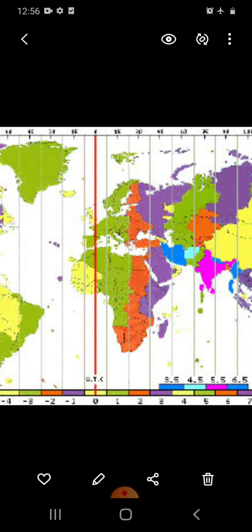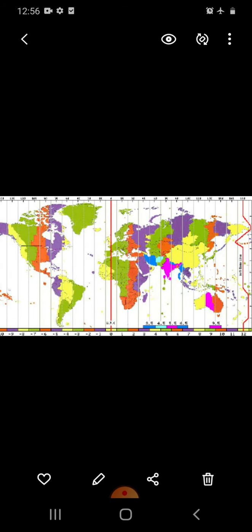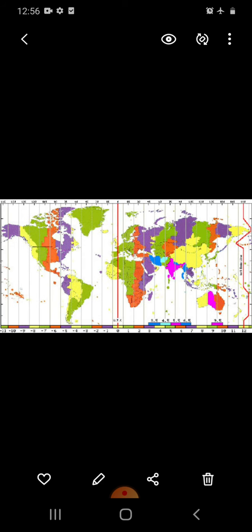Okay, this is about the longitude. These are the basic things to be noted about longitudes. So what are the features of the longitude? Longitudes are imaginary lines connecting the North Pole and South Pole. They are half circles. Longitude is also known as meridians.